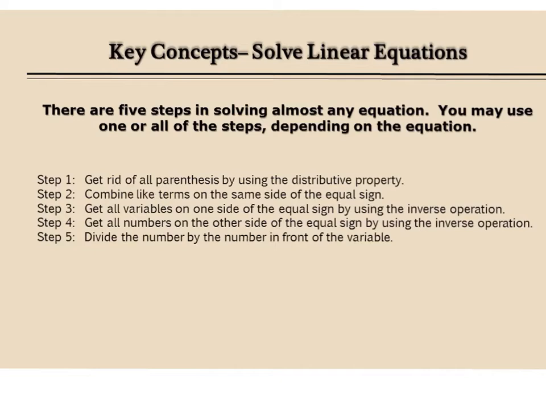And I'll show you what I mean by that in a minute. Step 4 is get all the numbers on the other side of the equal sign by using the inverse operation. And step 5 is normally where we're concerned. We're going to divide both sides by the number in front of the variable.